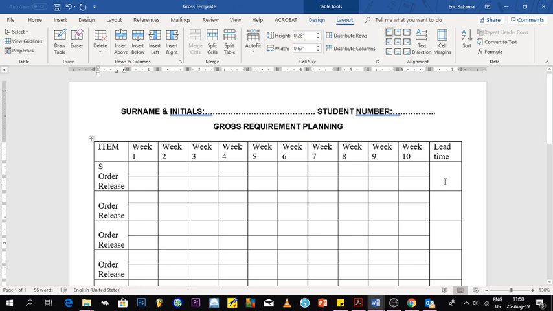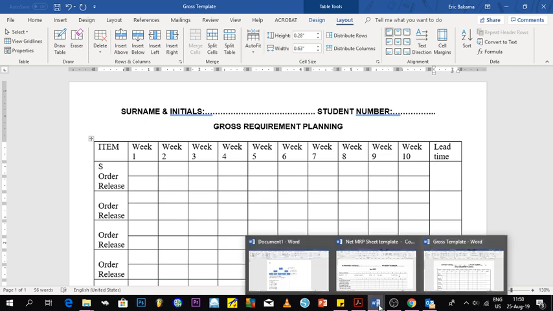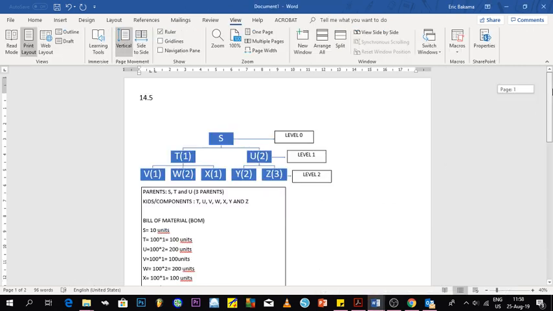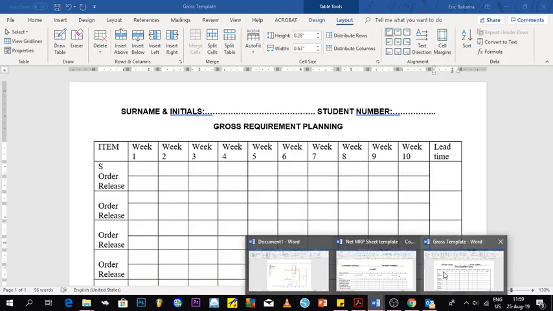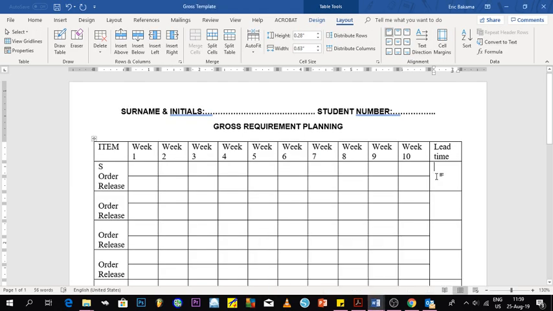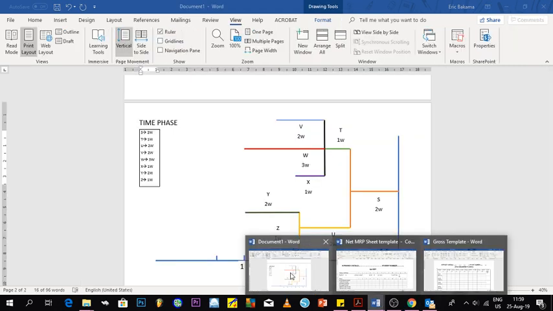Then we also need to fill in the lead time here. The lead time is also found in the problem, but I remember we split it out here. So we had this here, which is the lead time. The lead time for S is 2 weeks, for T is 1 week, and so on. So we go back here. For S we will put 2 weeks. Let me just fill everything.